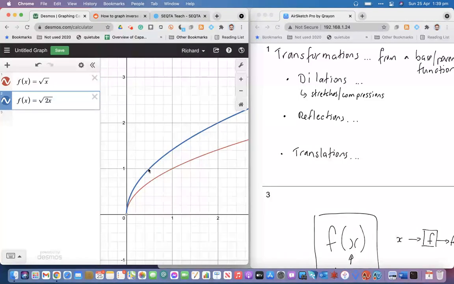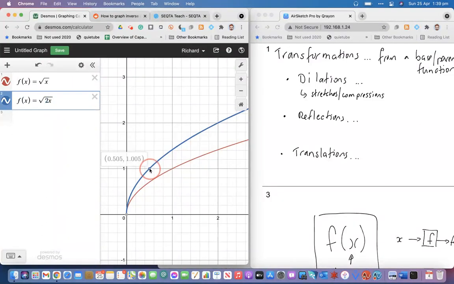Okay, so when it gets pulled towards the y-axis or pulled towards the x-axis, it's called a compression. When it gets stretched away, it's called a stretch. Okay, generally it's called a dilation though. So we would say, as you can see here, that the factor is not actually 2, but it's a half. It's 1 on whatever this number is here.